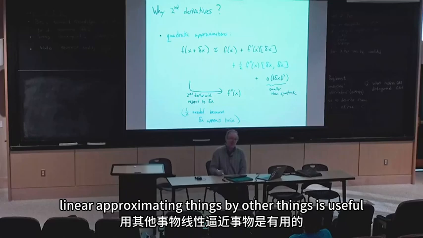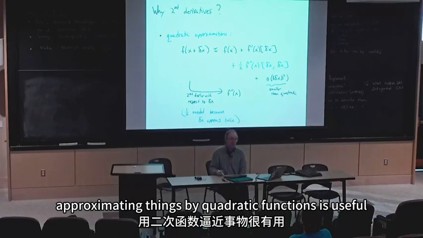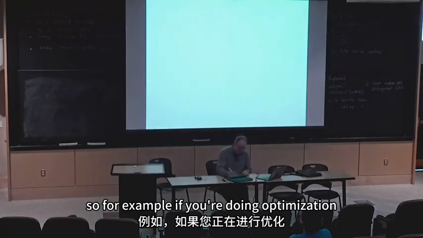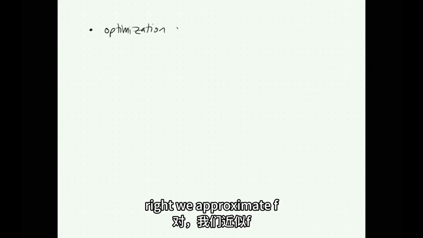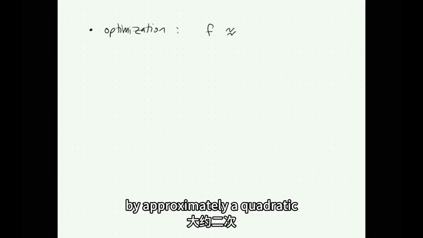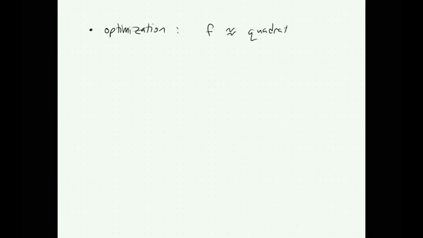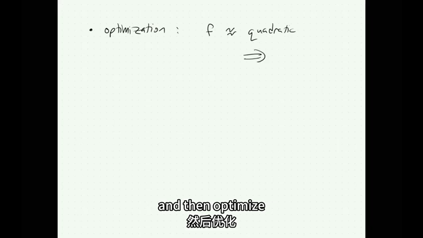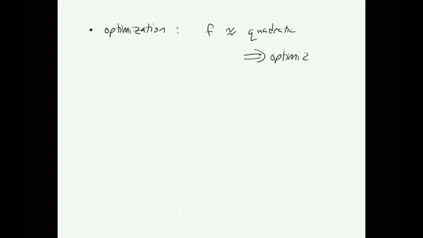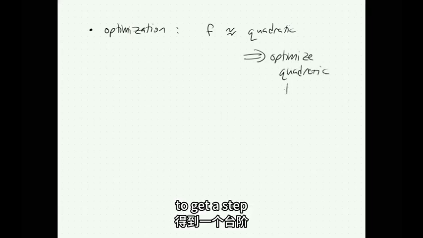So, okay. Linear approximating things by other things is useful. Approximating things by quadratic functions is useful. So, for example, if you're doing optimization, right? We approximate f by approximately a quadratic, and then optimize the quadratic to get a step.